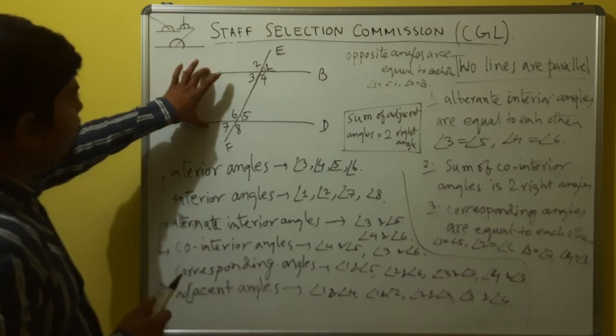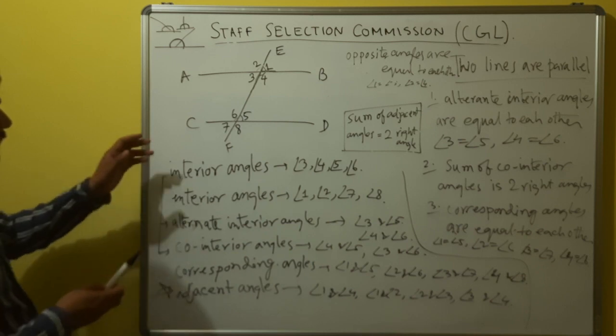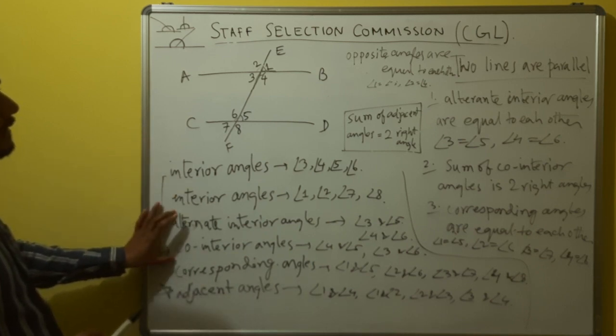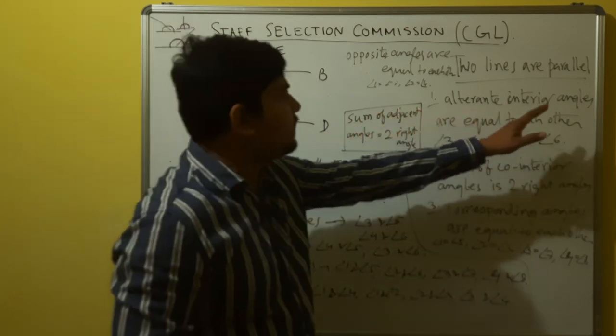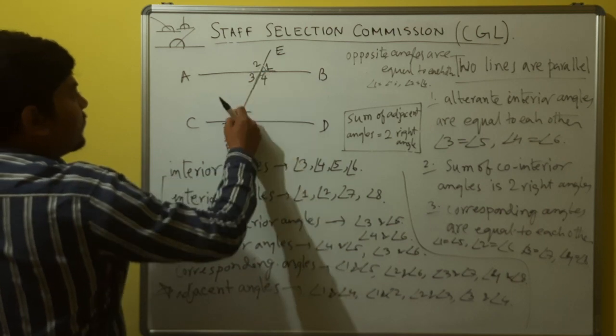And when these two lines are parallel, it is a special case. Then there are a few relations that we can find out. Alternate interior angles are equal to each other. 3 and 5 are equal, and 4 and 6 are equal.